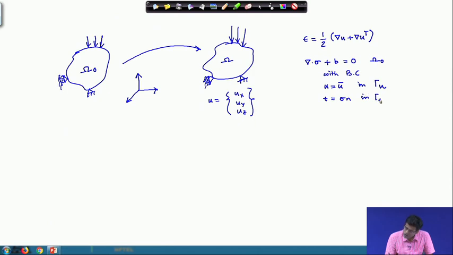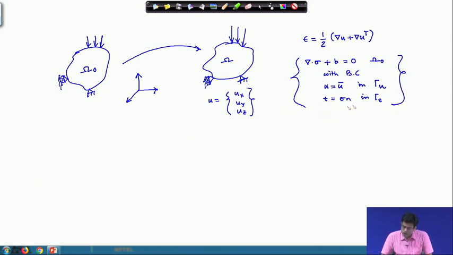So, with this boundary condition, this is a static problem. So, there is no inertia term. The difference between static and dynamic problem is the inertia term. So, this is a static problem and b is the body force. We will discuss this in the 5th chapter or 5th module.